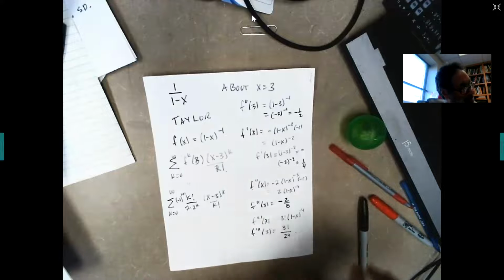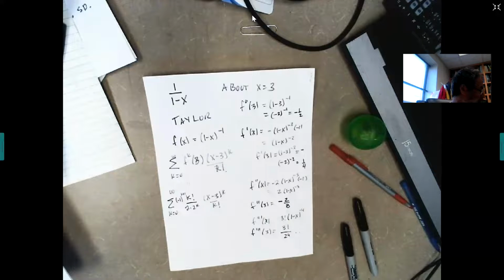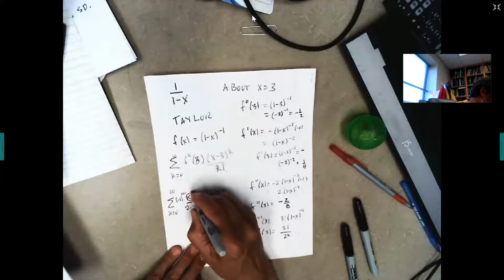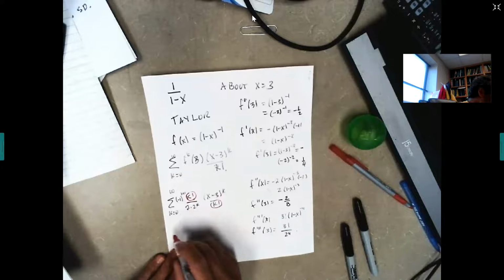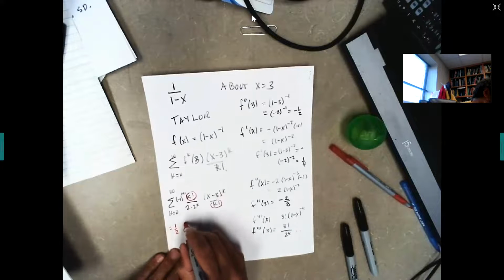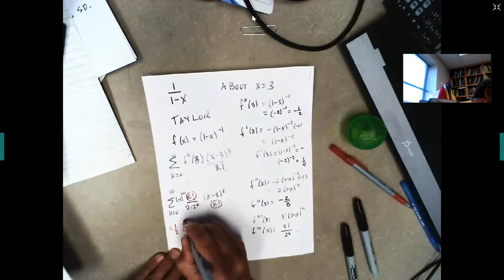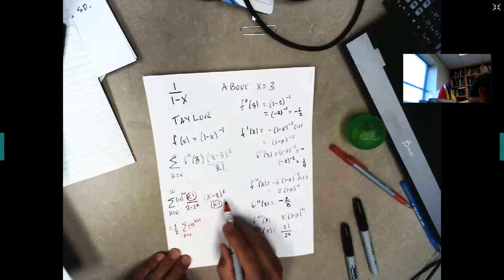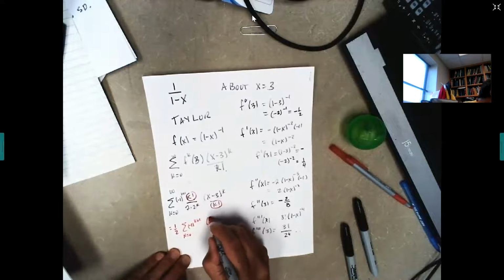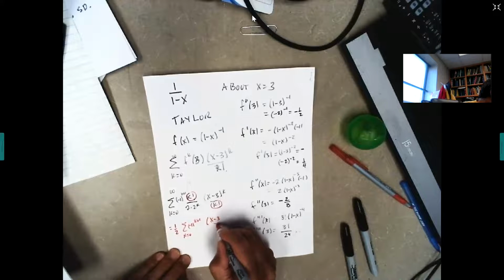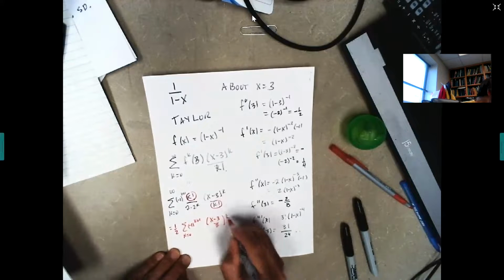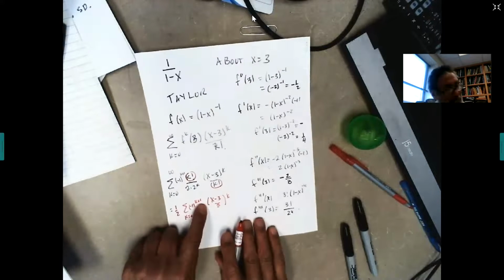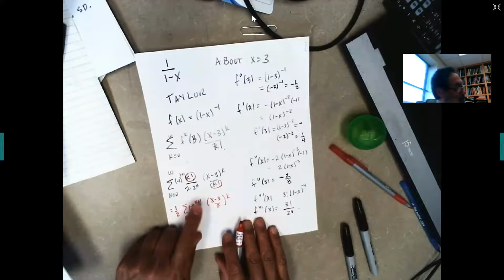Now, this way, if you notice, this and this cancels. We can take the half out. And then what we have right here is x minus 3 over 2, all to the k. That's a series. This is now an alternating geometric series.